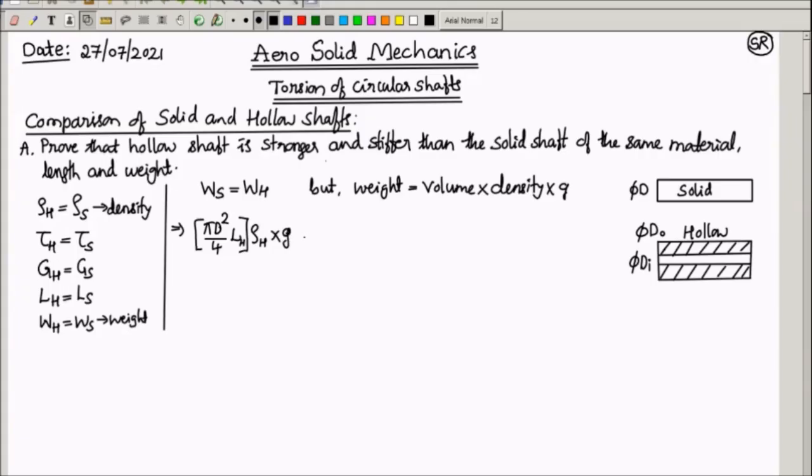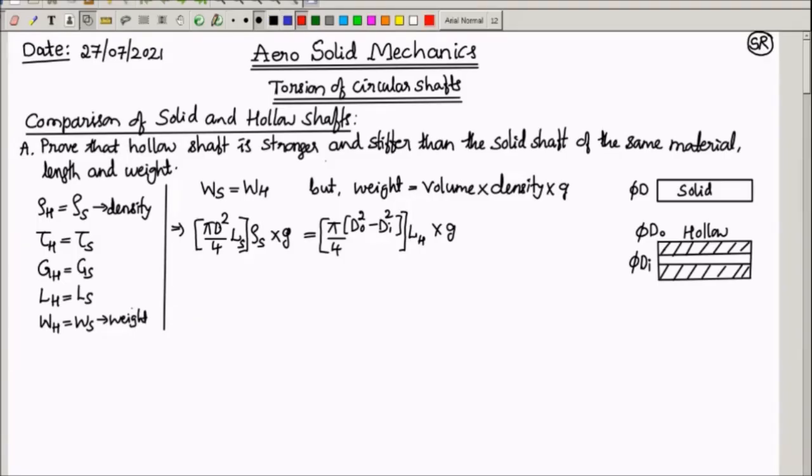Gravity is simply G. And on the right hand side, volume of the hollow shaft becomes pi by 4 into dO square minus di square into LH, which means length of hollow shaft, into the gravity G. Here rho H is density of the hollow shaft.